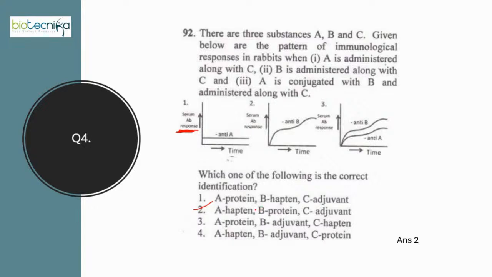So B is a protein or a carrier. Next, they are telling you that A is conjugated with B and administered along with C. And now you see a response for A, and you also see a response for B.